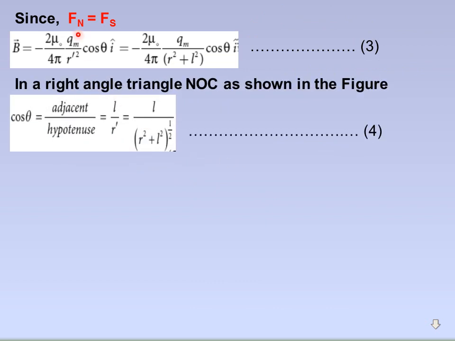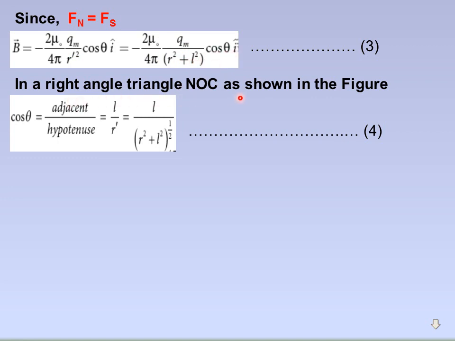As you know, Fn is equal to Fs, so we put B vector is equal to minus 2 mu naught by 4 pi into Qm by r dash square into cos theta i cap, or minus 2 mu naught by 4 pi into Qm by (r square plus L square) into cos theta i cap.